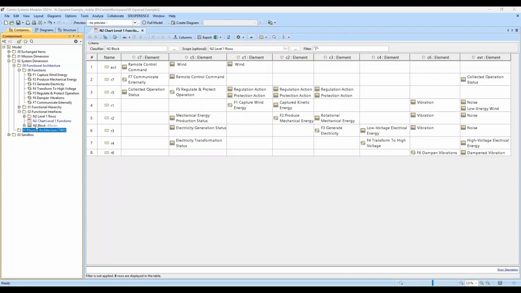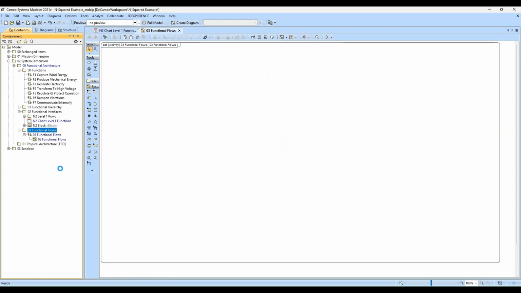So the first step is to create our main physical flow. And for doing that, we are going to create a new package containing the functional flows. And here we are going to create our activity diagram that is going to collect all the functional flows.